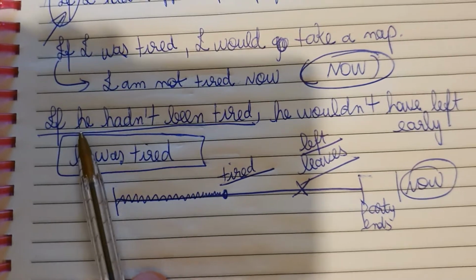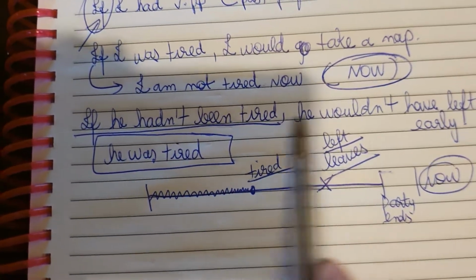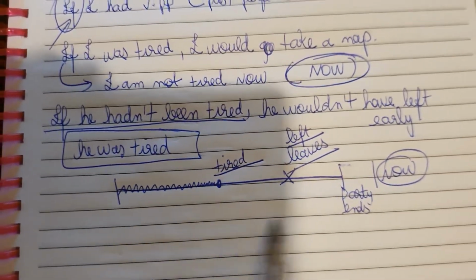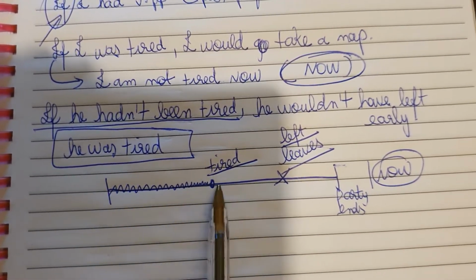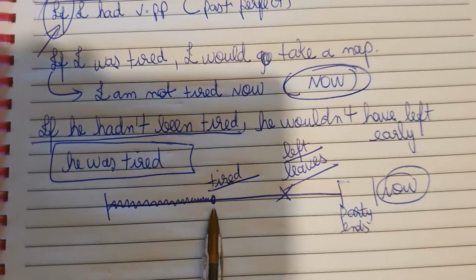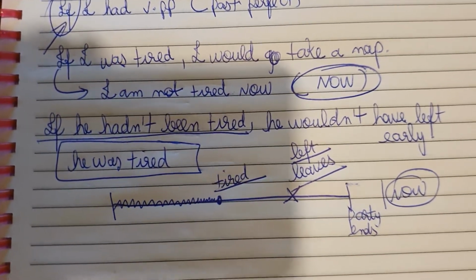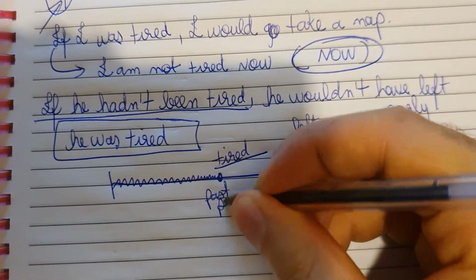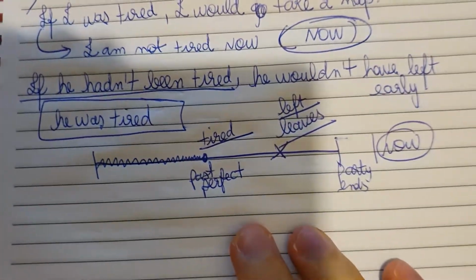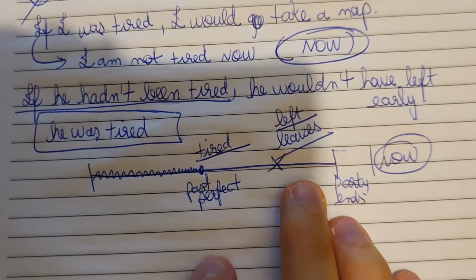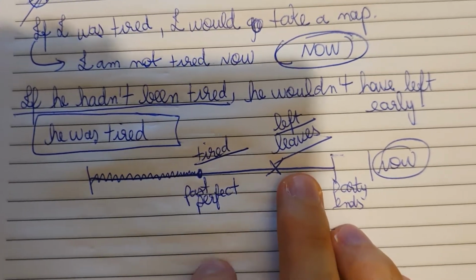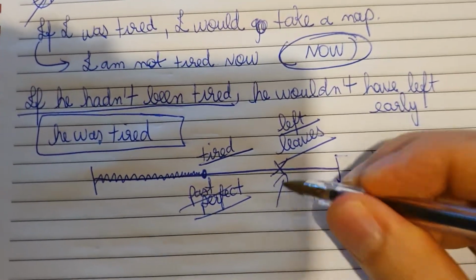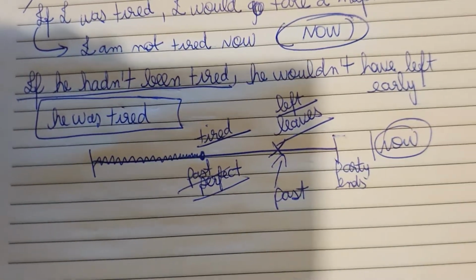Whereas when we refer to a past situation, an action or an event that takes place in the past, then we use the past perfect. And notice that the past perfect is used when we have two actions, two events, two situations in the past. The first action or situation you use the past perfect, and the second one you use the simple past, okay?